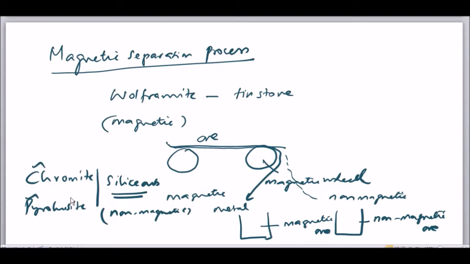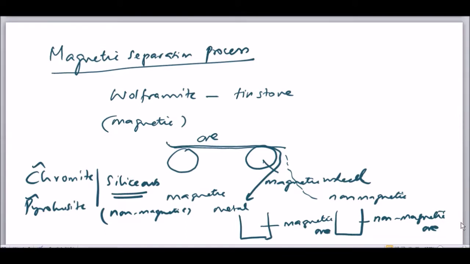Okay, so that is the method called as concentration of ore. Various procedures in detail we were learned. Now in extraction of crude metal, how to extract the crude form of metal from the corresponding ore. For that also we are given the steps.